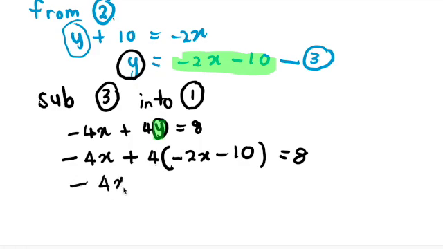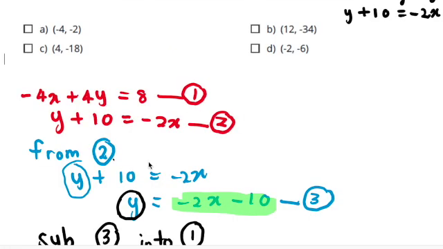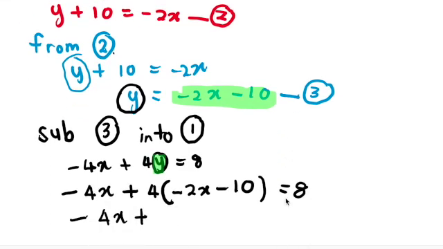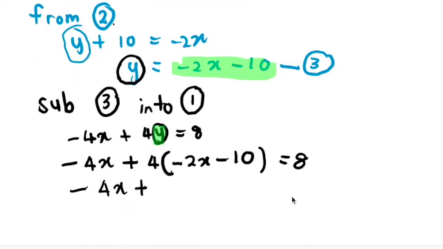Expand. Negative 4x, positive 4 times negative 2. At this part, students are always confused.